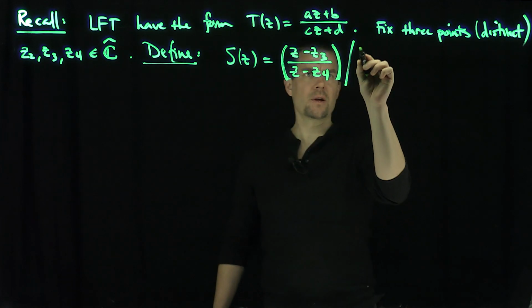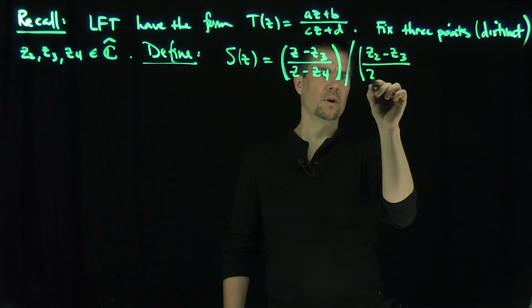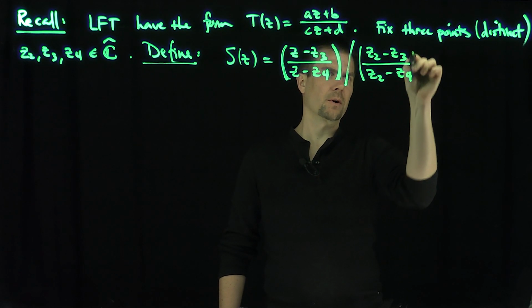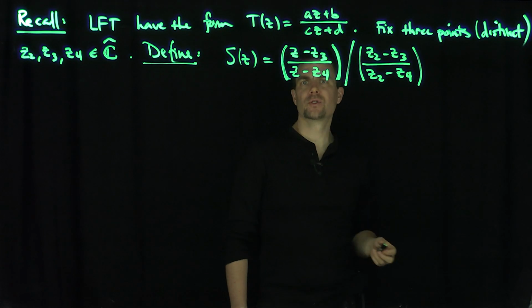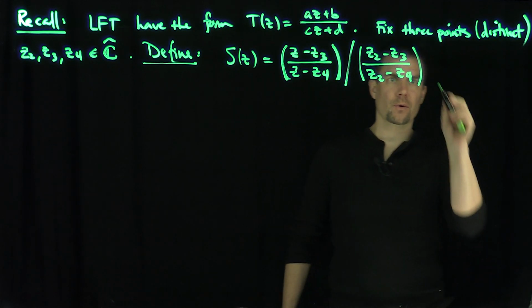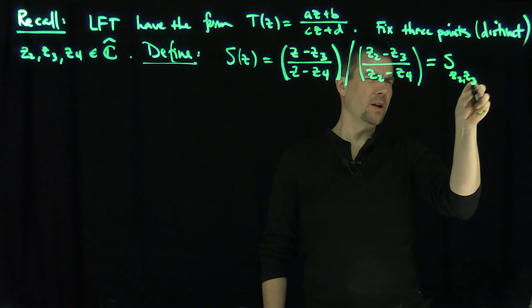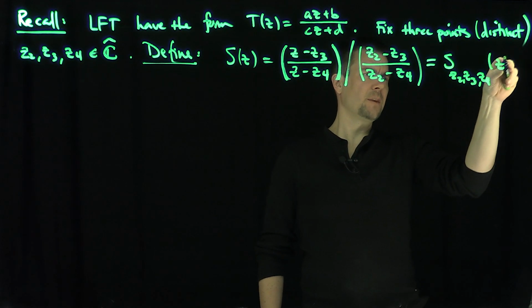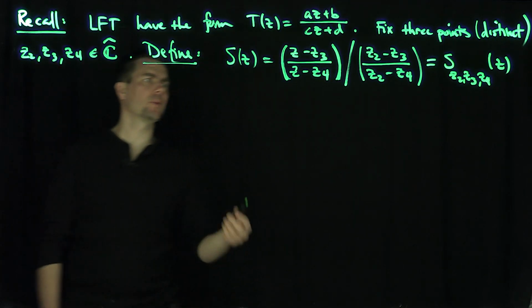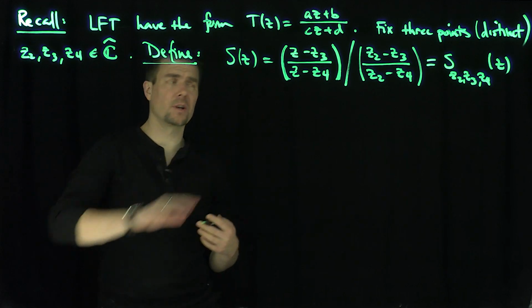Technically this S of z is indexed by z2, z3, and z4, so we're using shorthand notation. There's really S sub z2, z3, z4 of z, but I'm just going to leave it as S of z with this implicit notation.